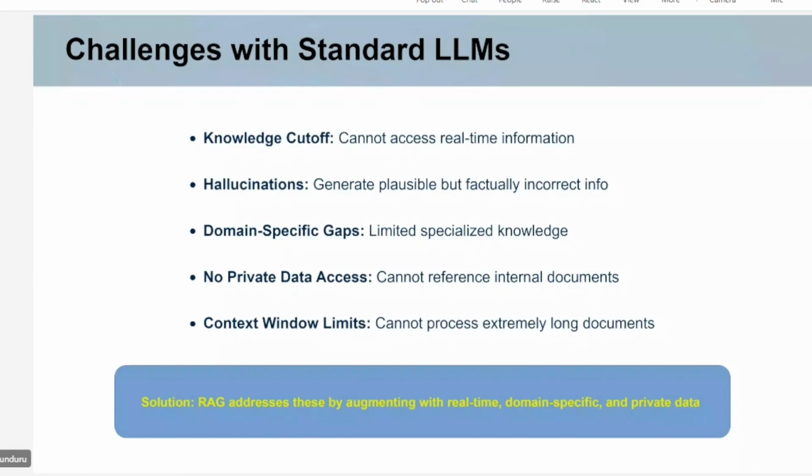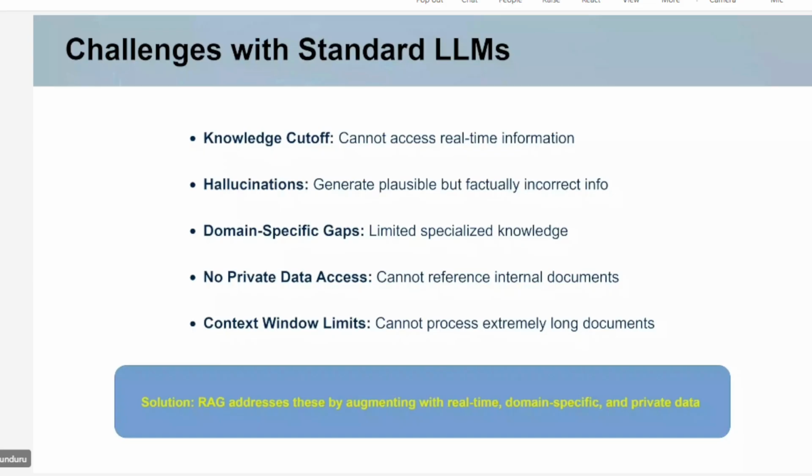We cannot send a huge amount of data. Each LLM has its own limitations on the context window. Some are 500K, some are 1 MB maximum. I can see Grok at 2 MB or something in the recent LLMs. So all these are the different challenges of standard LLMs when we are using them in the enterprises.